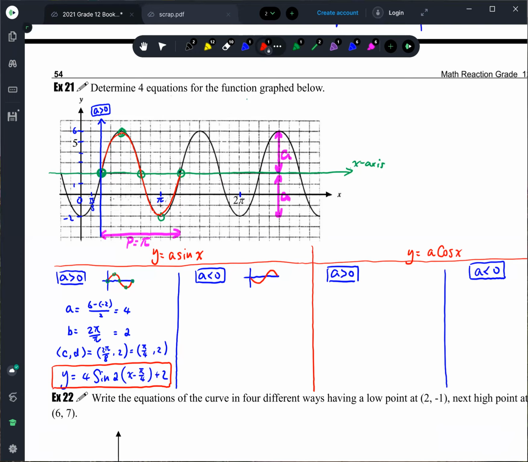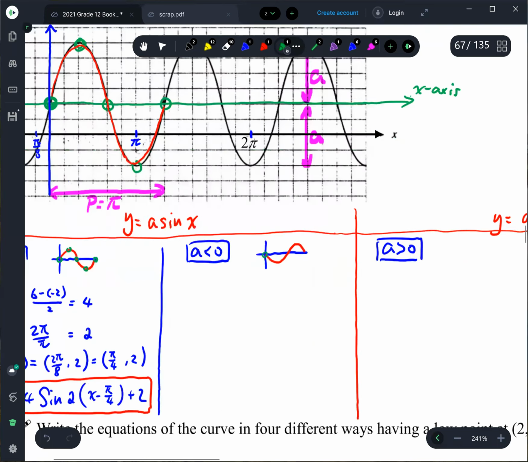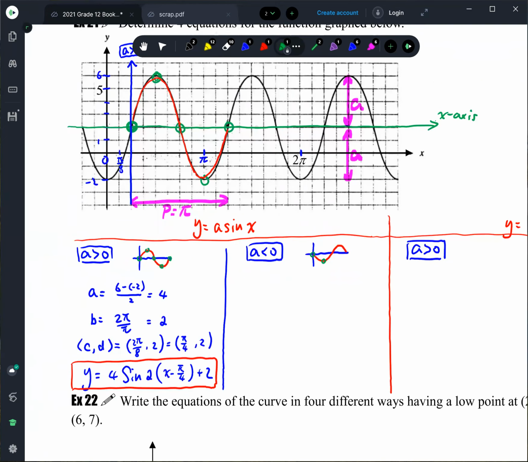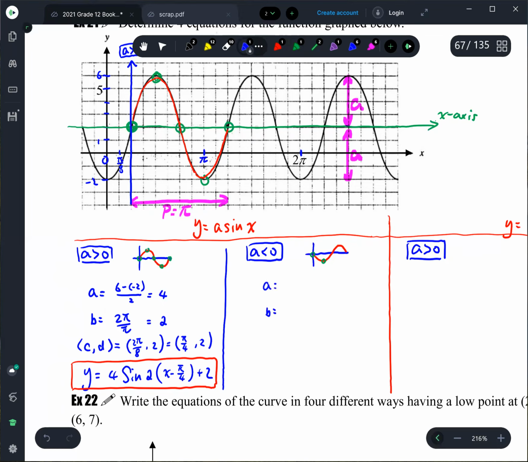This time we want the graph to start from midline, right? Midpoint, go down, go up, go up, go down. Okay, so think about where you put the y-axis. Also write down the A, B, C, D. So did you figure this one out by yourself?